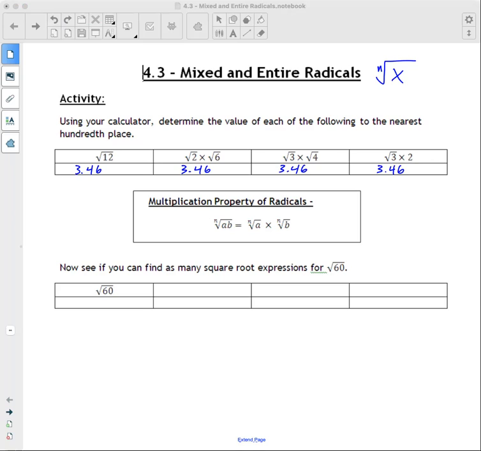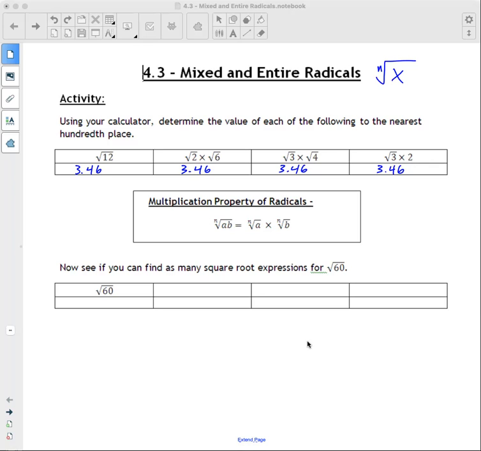Now we're going to see how many square root expressions we can find for root 60. Essentially we're finding the factors of 60 and rewriting this, because in some cases it's going to allow us to compare radicals that have different radicands.